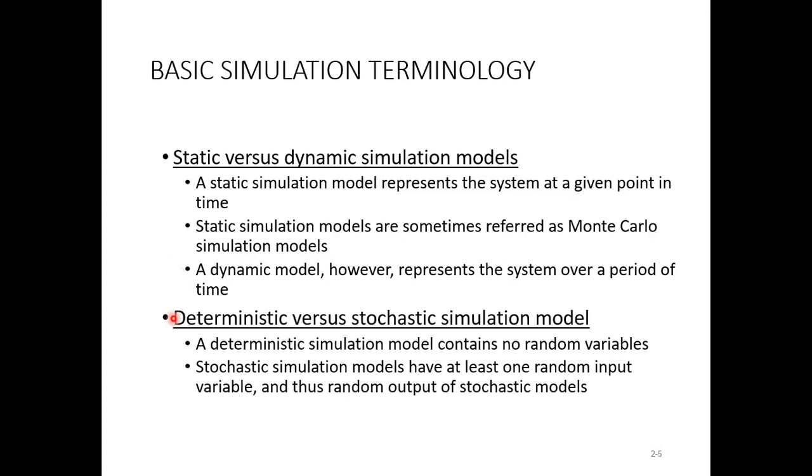Deterministic versus stochastic simulation models: in a deterministic simulation model, you don't have any random variable, whereas in a stochastic simulation model, at least one input variable is random in nature. Thus, the outputs are also random in nature as far as stochastic simulation models are concerned.